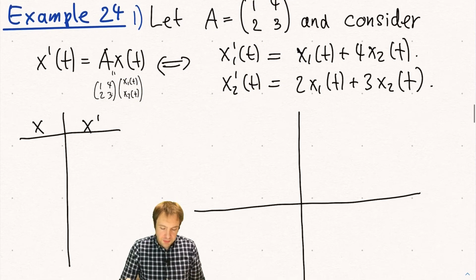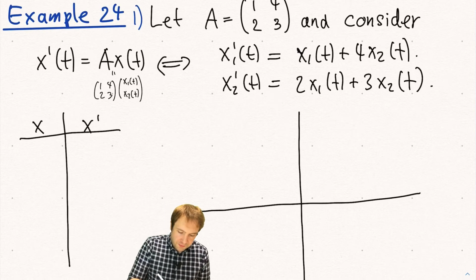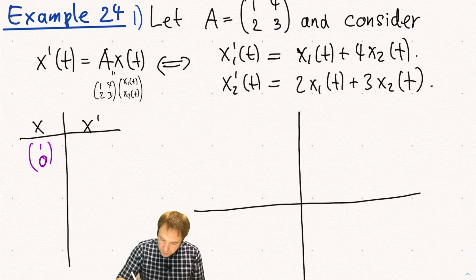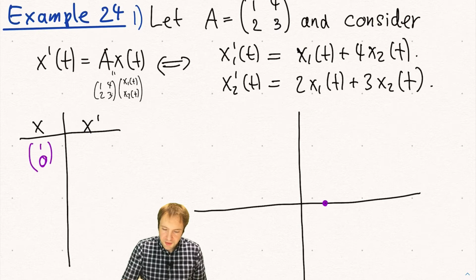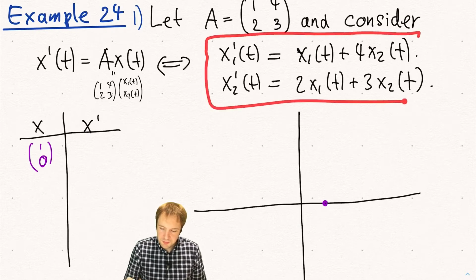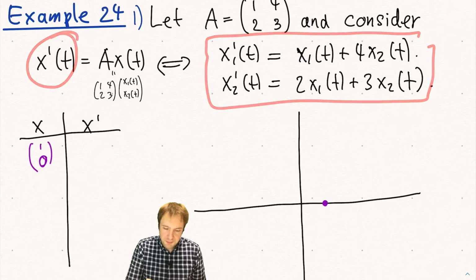So for example, if the value of x is (1, 0), so we have this point here, then what should this derivative be?